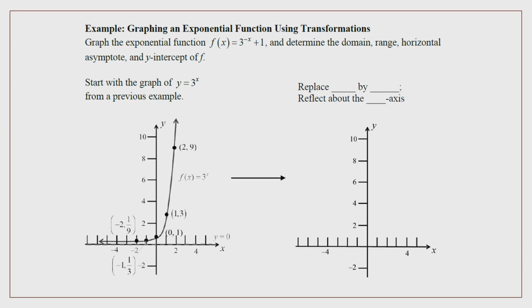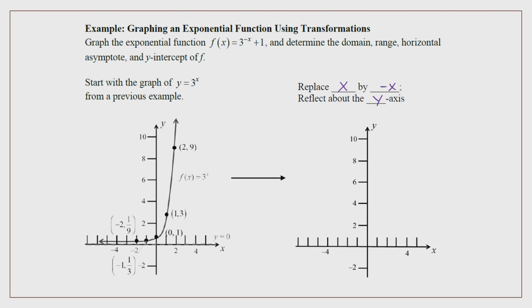So now, to get to our function 3 to the negative x plus 1, we first are going to replace x by negative x. This then means that we're going to reflect about the y-axis. So all of the points that we see here, we are now going to reflect them over the y-axis.